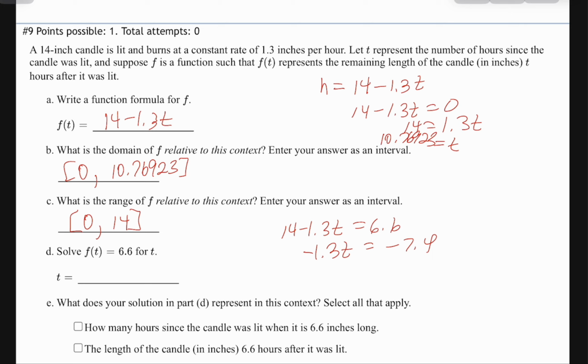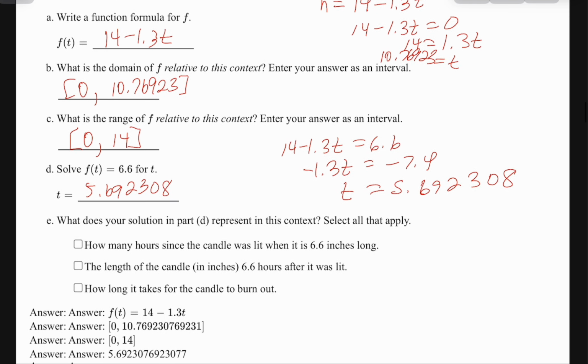Divide by negative 1.3. So I get an answer of time being 5.692308. And that, remember, represents hours.